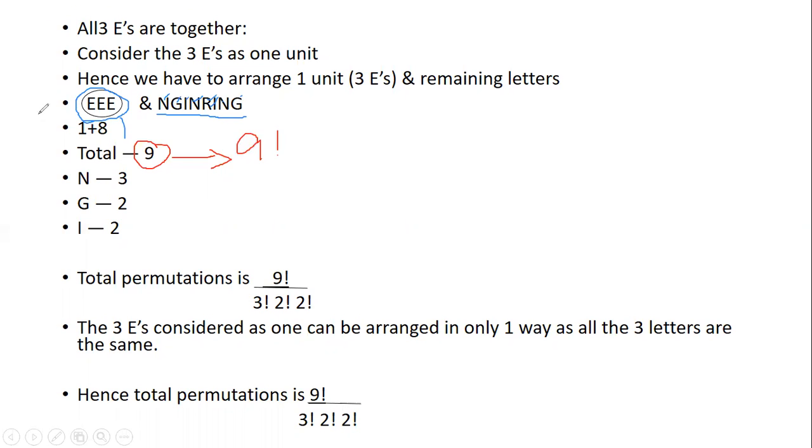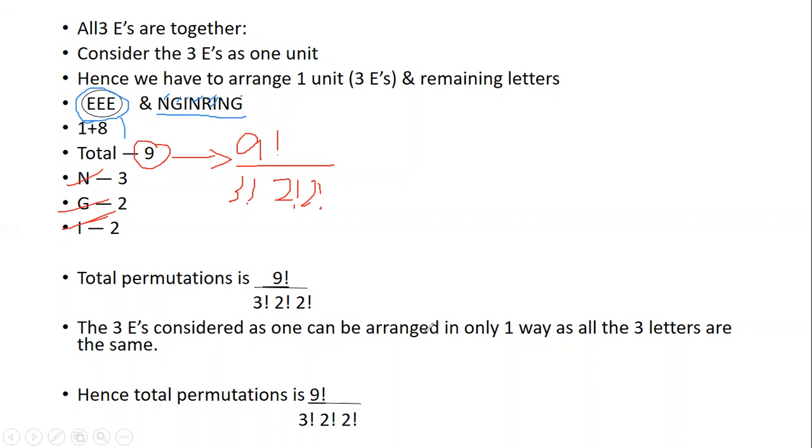Now apart from E, which are the other letters which are repeated? N is repeated 3 times, G is repeated 2 times, I is repeated 2 times. So 9 factorial will be the numerator, and then 3 factorial for N, 2 factorial for G, and 2 factorial for I. So this is the total permutation.